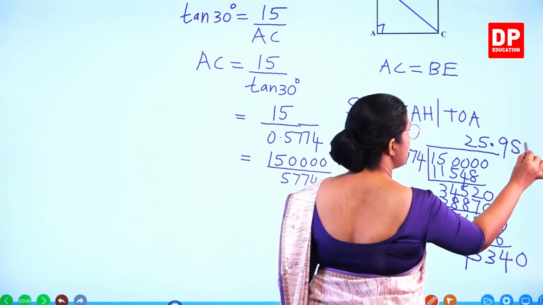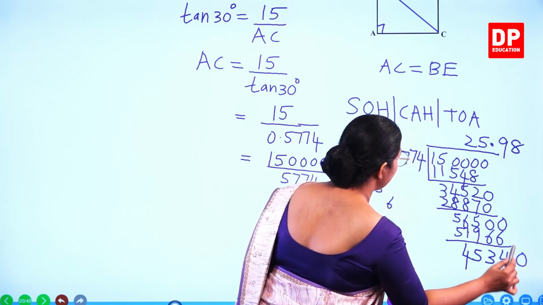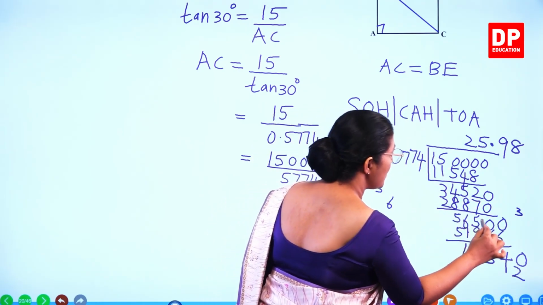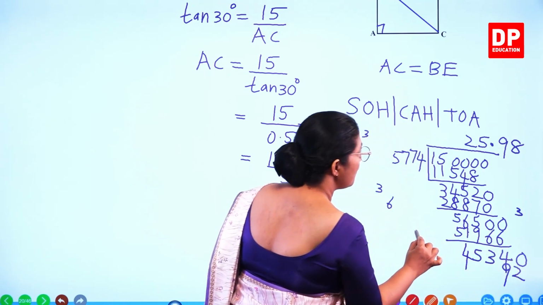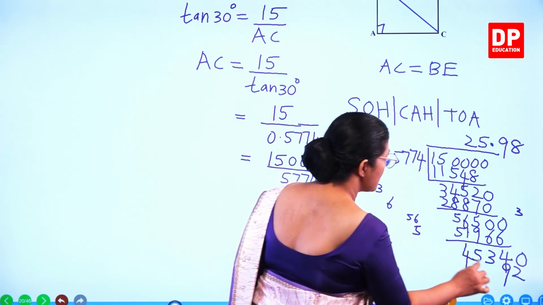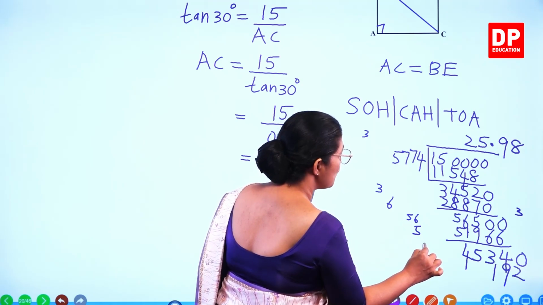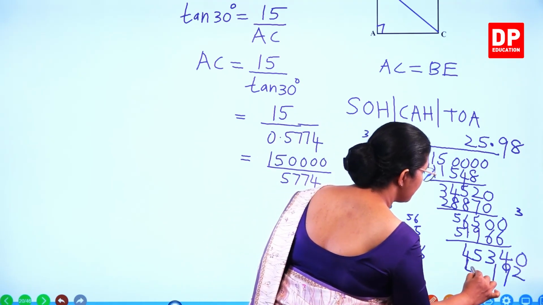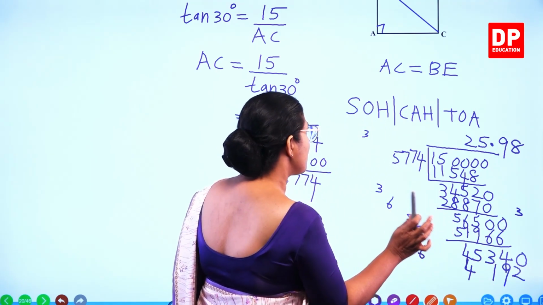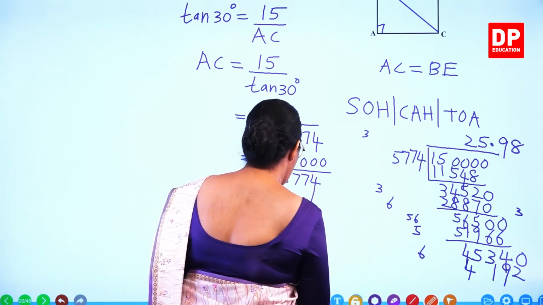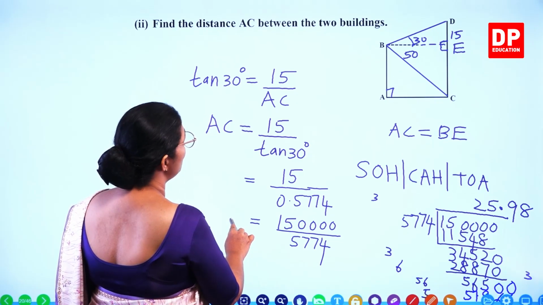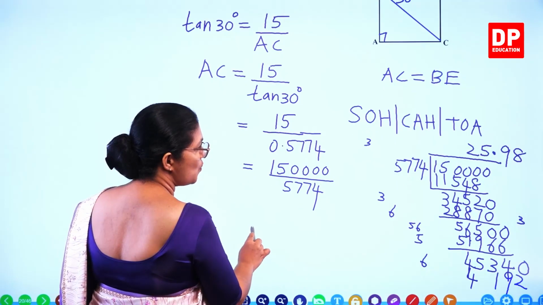That's like 8. 8 times 4, 32. 8 times 7, 56 plus 3, 59. 5 remaining. 8 times 7, 56 plus 5, 61. 6 remaining. 8 times 5, 40, 46. So that means you are not getting 8. So that's roughly 7. The answer is not given properly, so you can take one decimal place as well.